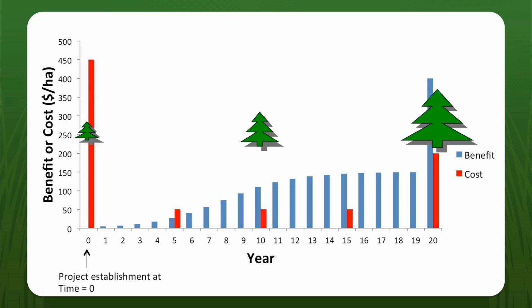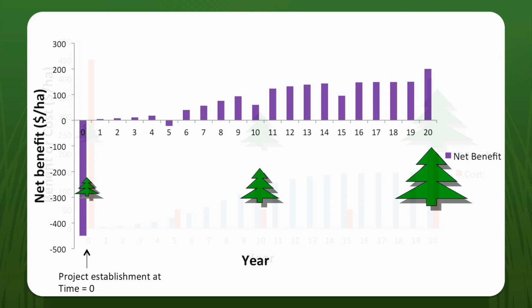If we put the costs and the benefits together, it really highlights that the costs tend to be bigger at the beginning and the benefits bigger at the end. A graph showing the difference between the benefits and the costs makes that point very strongly.